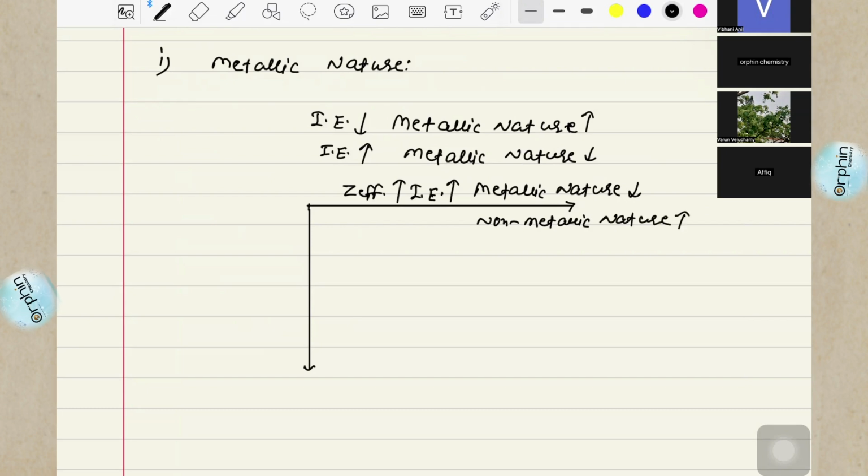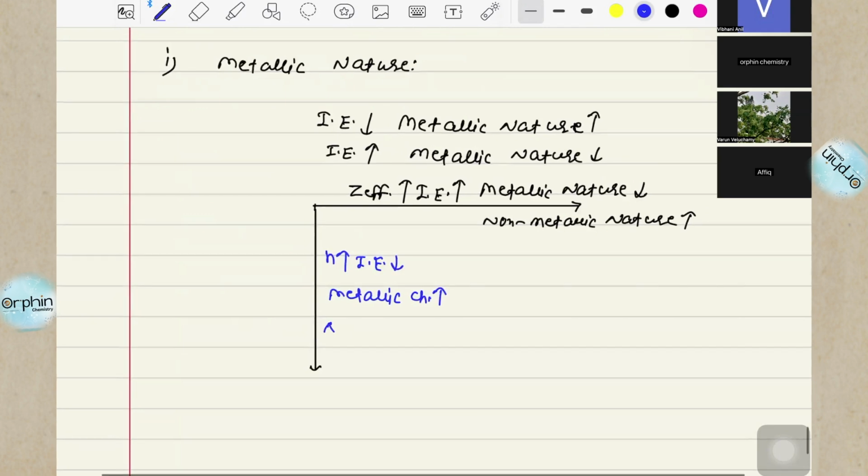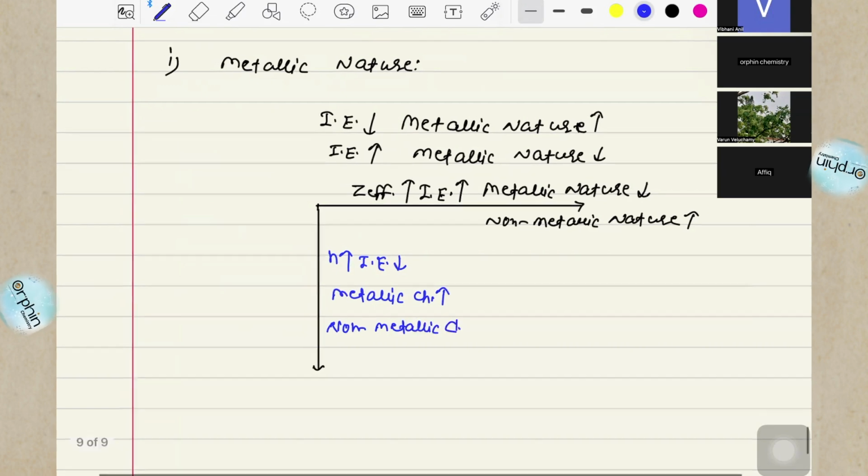And on moving down the group, shell number increases, ionization energy decreases, so metallic character increases. Metallic character increases means non-metallic character decreases. So that is the reason we find metals along the group.